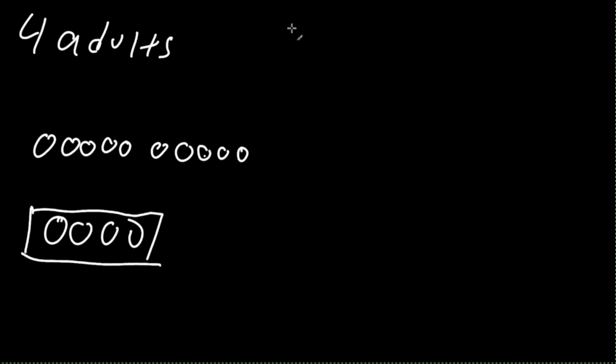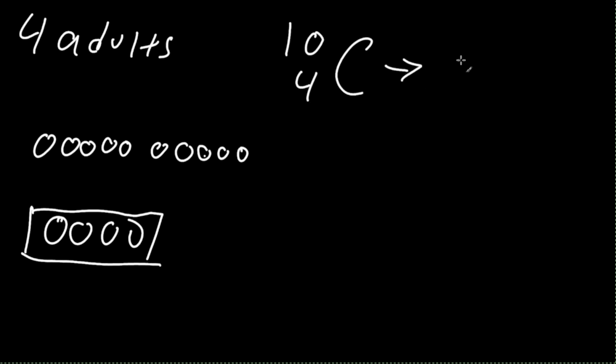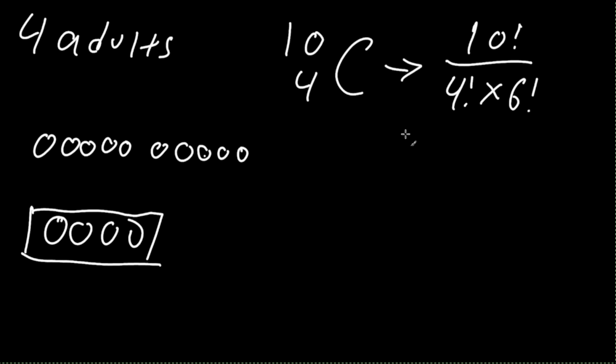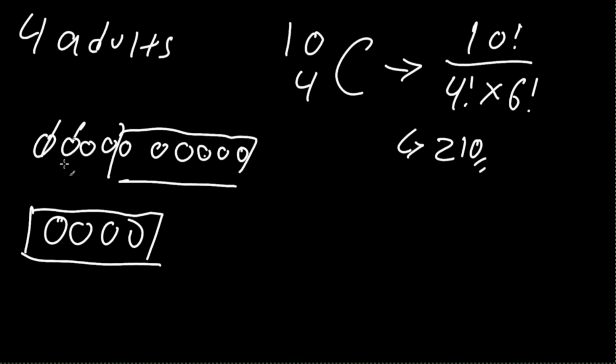This would be 10C4, just 10 factorial over 4 factorial times 10 minus 4, 6 factorial, which also gives me 210.